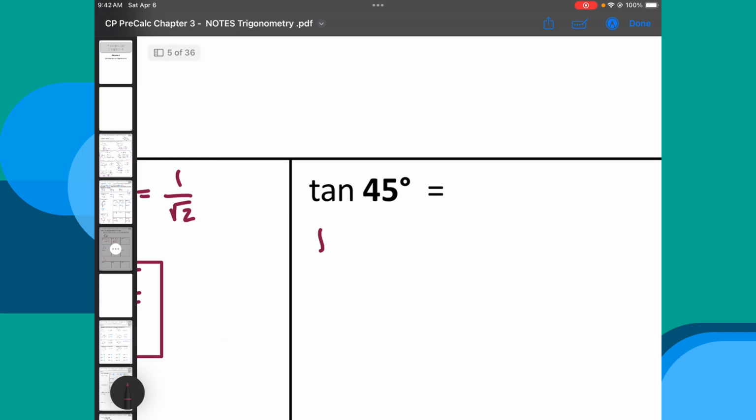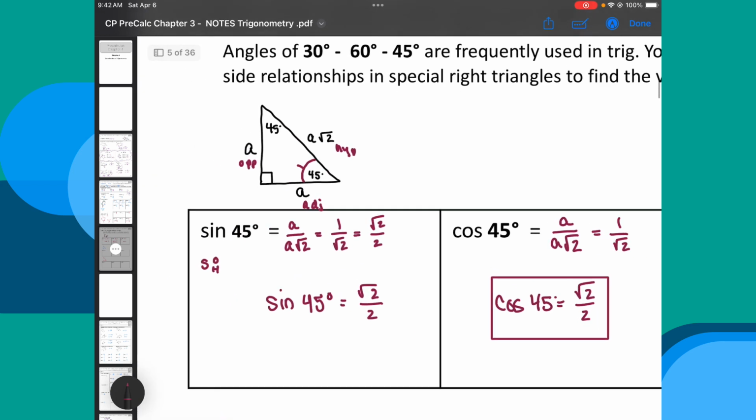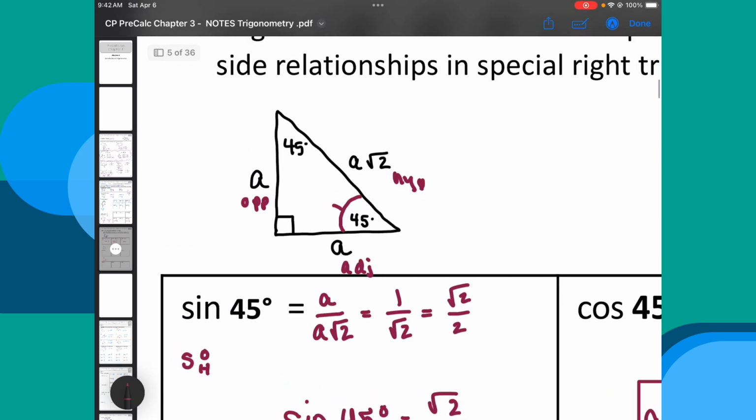Lastly, we have tangent. Tangent we know is opposite over adjacent. So our opposite side was A. Our adjacent side was also A. So tan of 45 is 1. So we got that all from our special right triangle.